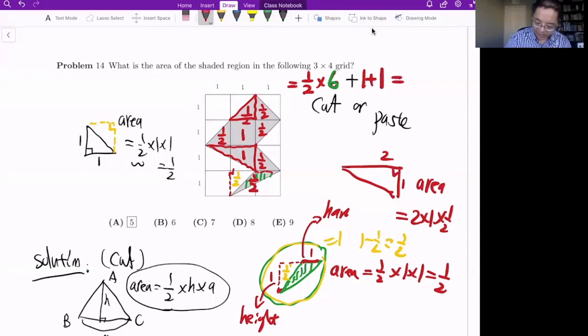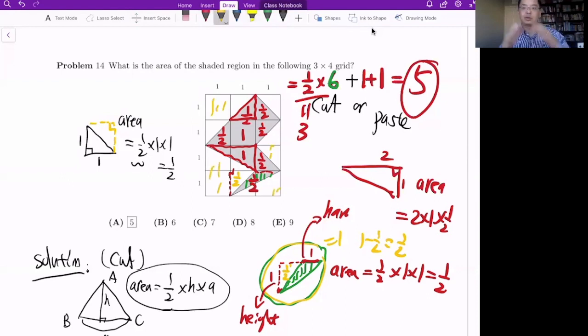So if you add up all those things together, what I get is 5, right? So I get 5 because this one is 3. So 3 plus 2 is 5, right? So here I just go with the cut, and then you can try the paste by yourself, which means you calculate the area of those parts, and then you subtract that from the area of the whole rectangle.